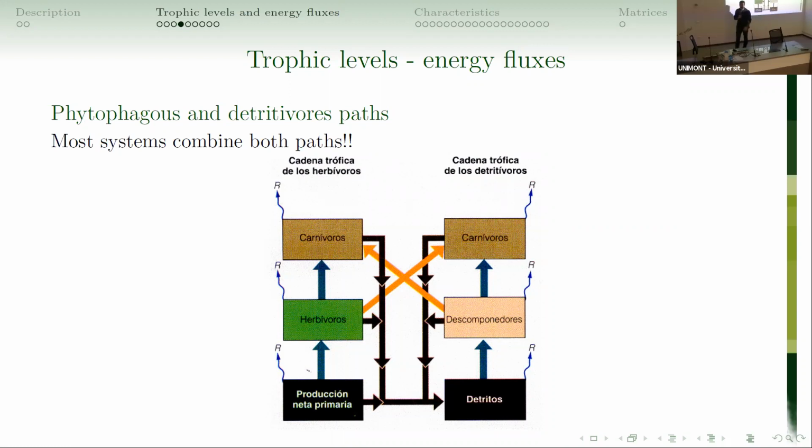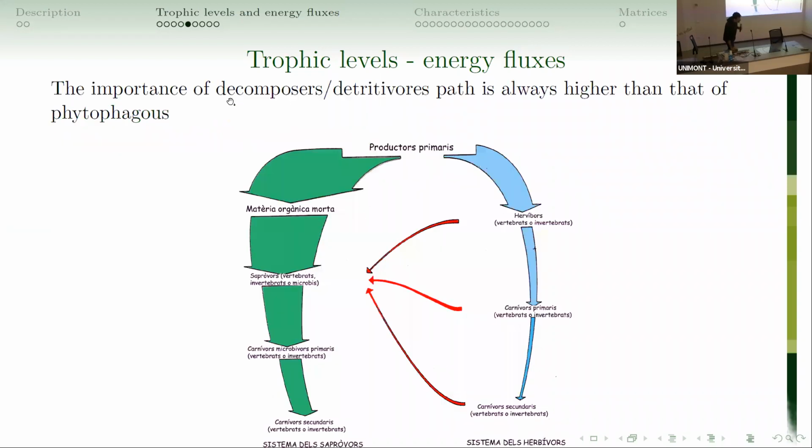And this is important because, whereas maybe it's nicer to study the living organisms that come from the plants, what we know now is that the flux, or the energy, that goes to the detritus path is much higher than the one here. In terms of energy, this one is much more important than the other one, okay?